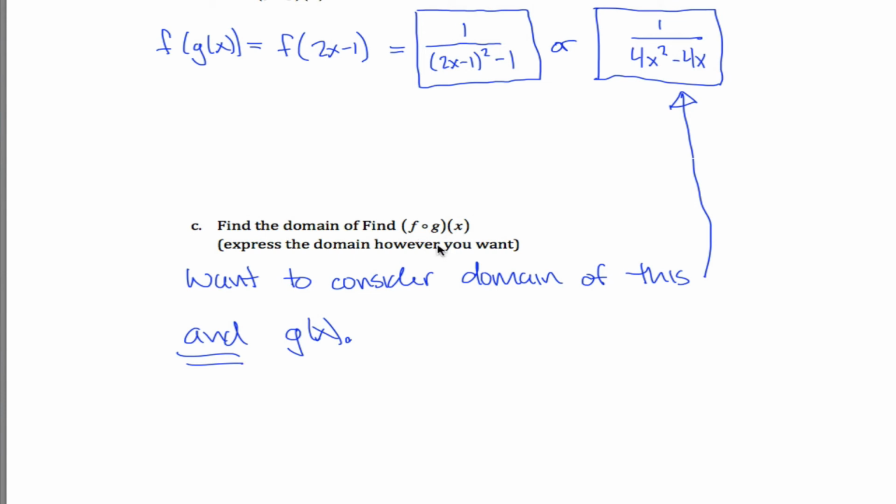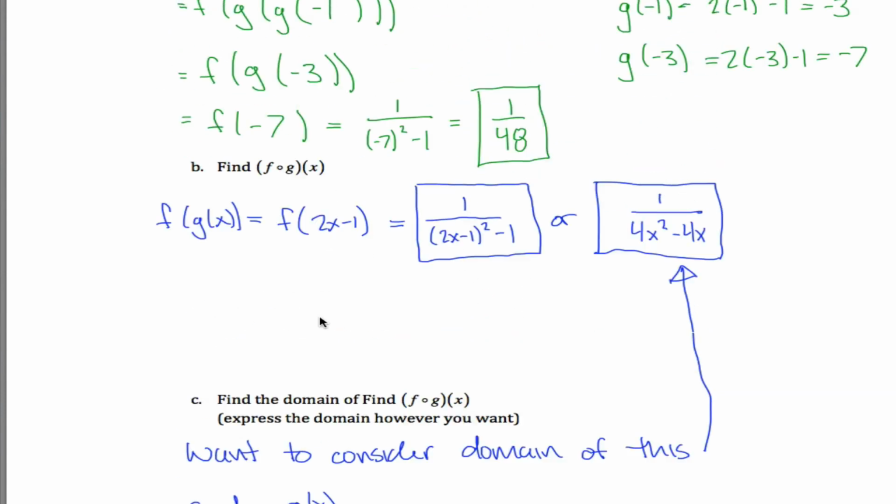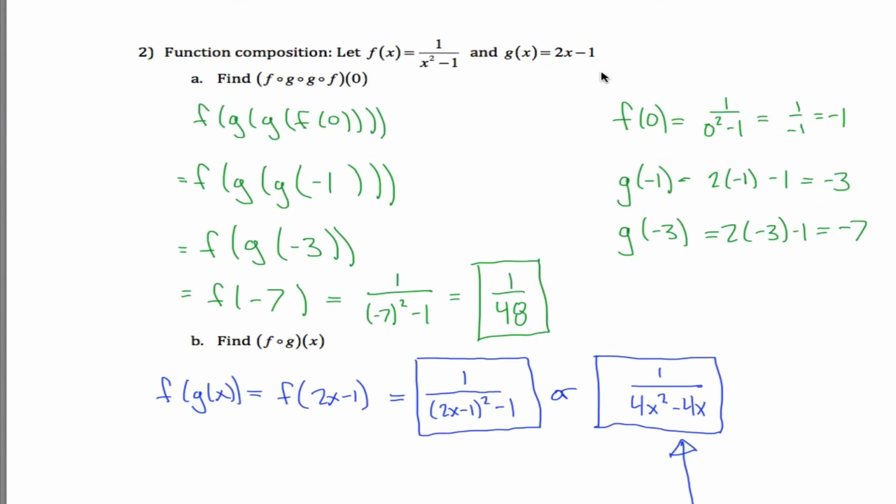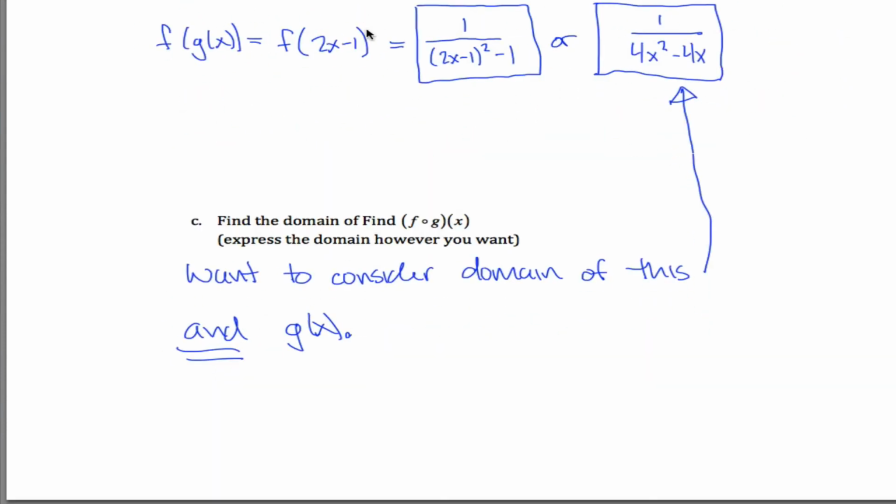However, you got a little bit lucky because if you look at g of x, 2x minus 1, there's no values of x that will make me divide by 0, no values of x that will make me take the square root of a negative number. So, fortunately for you, the domain of g of x is just everything from negative infinity to infinity, meaning all numbers work in this machine.